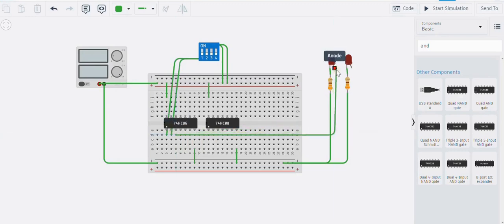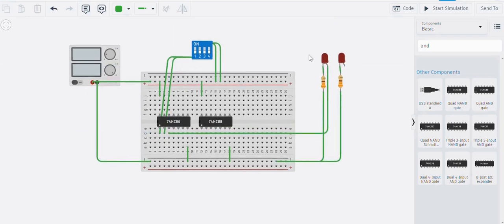So the output 1 pin and we will directly give it to the anode of one LED. Now this will act as the sum because sum is XOR, and now for the AND gate, that 1A and that 1B, we can take the inputs from the switch, as well as we can take the input from here because all the points here are same as the input 1.